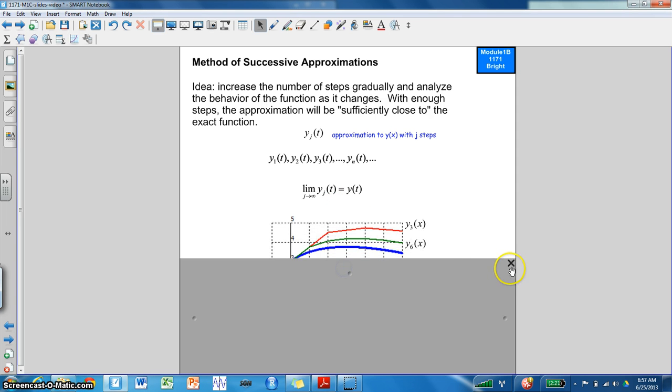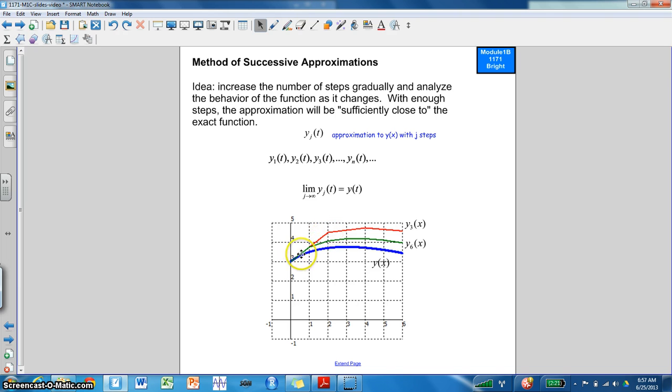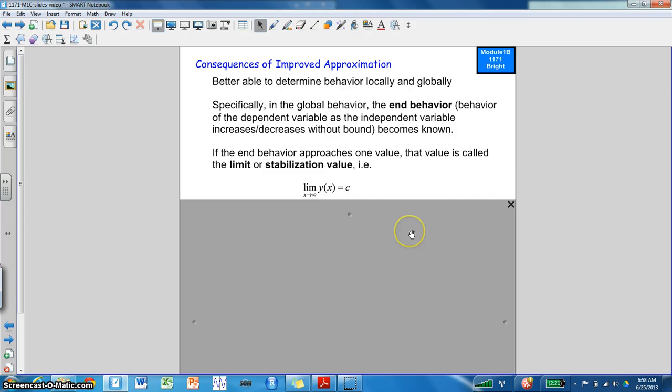Graphically, if we have our y of x function and we increase the number of steps, so this is just going from 3 to 6 steps, shown here, we get significantly closer to the exact function. And if we were to increase this again, we'd be even closer. Okay, so that's the idea of successive approximations.